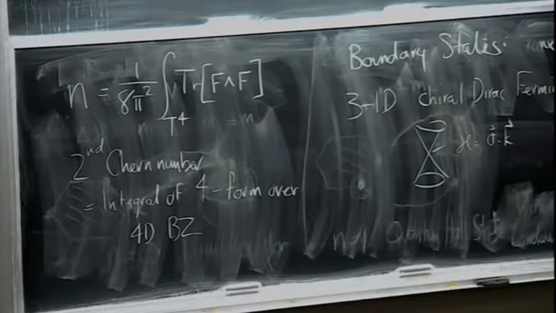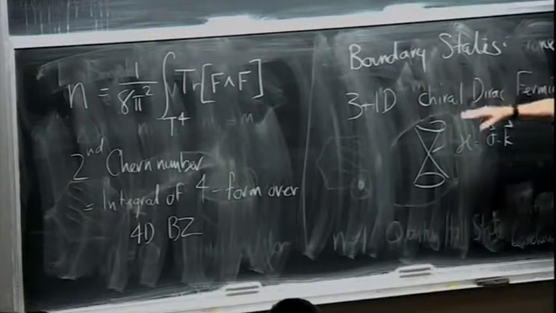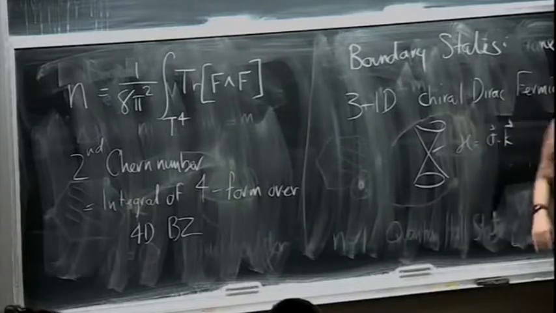But in a real 3-dimensional material, a 3-dimensional Weil semimetal, which you're going to be hearing more about probably from Ashvin next week, there's a theorem that says that the Weil points have to come in pairs. There's a doubling theorem, sort of like the doubling theorem for 1-dimensional chiral Dirac fermions, and this quantum Hall state evades it in the same way.